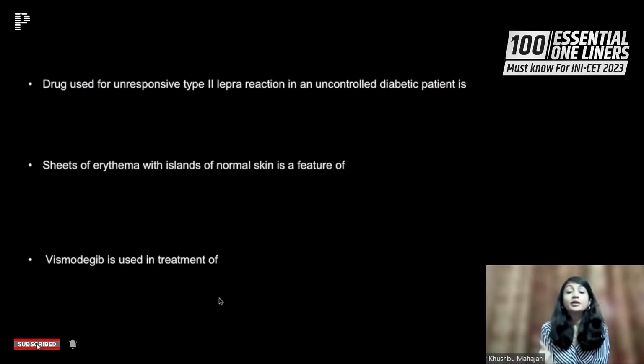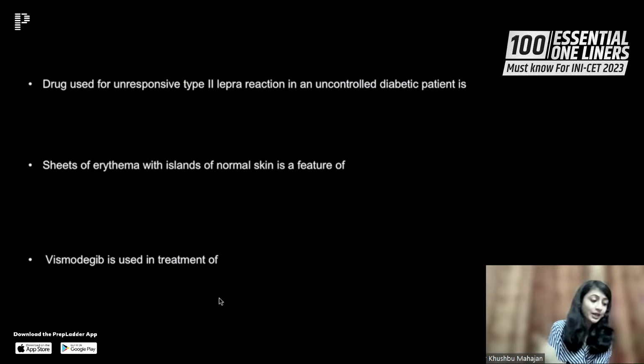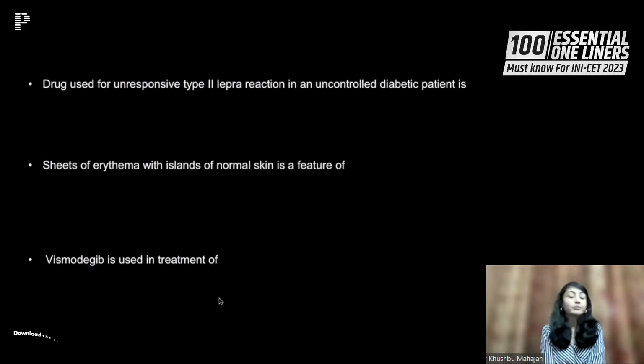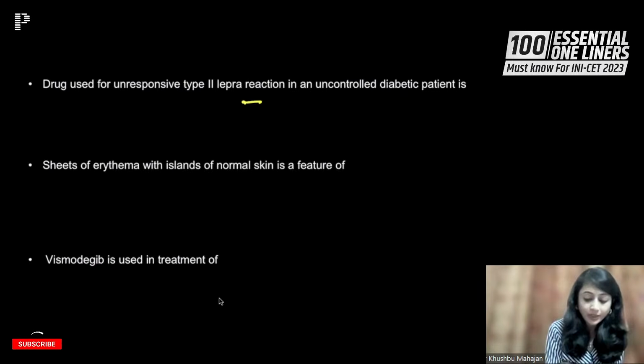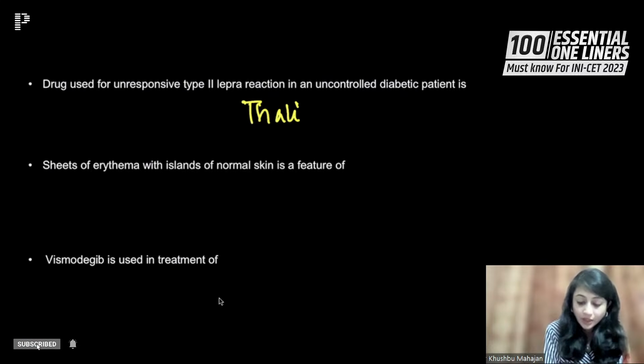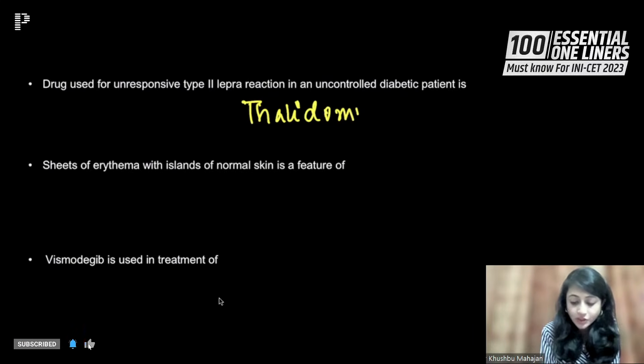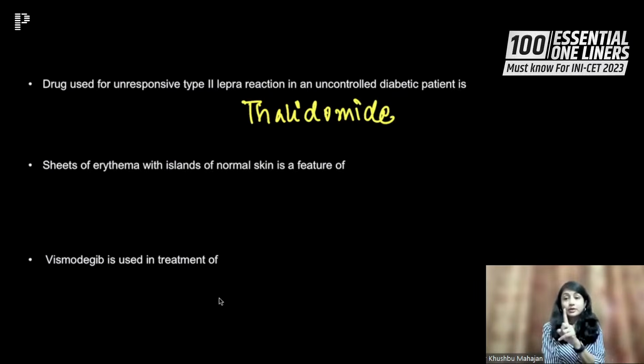Next question. Read it carefully. Drug which is used for unresponsive type 2 lepra reaction in an uncontrolled diabetic patient. Yes, it would be thalidomide here. Now remember, the drug of choice for type 2 reaction is steroids.